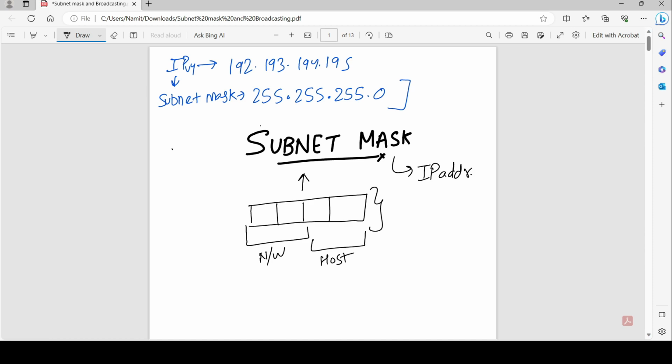As simple as that. So if someone asks what a subnet mask is, it is kind of a filter for IP addresses. With the help of your subnet mask, a device can look at the IP address and figure out which part belongs to the network ID and which part belongs to the host ID. I hope this is clear with you guys.